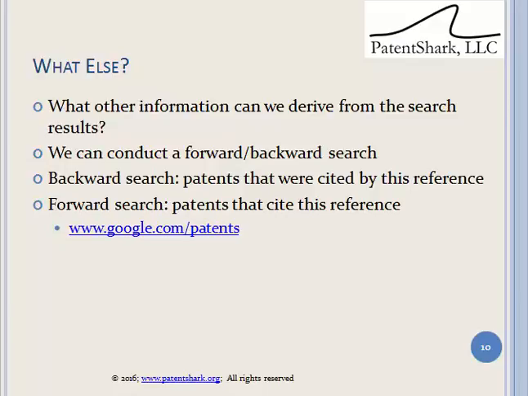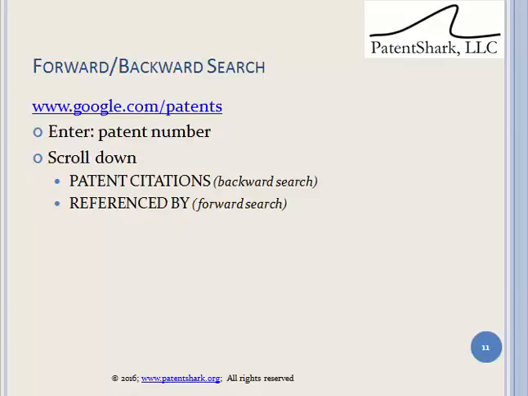That will probably give you the closest prior art possible to what you think is out there. And again, this slide basically just explains what I just said. You look at the patent citations and what was referenced by the most specific patent you think is out there.